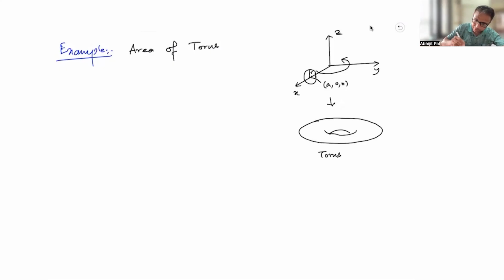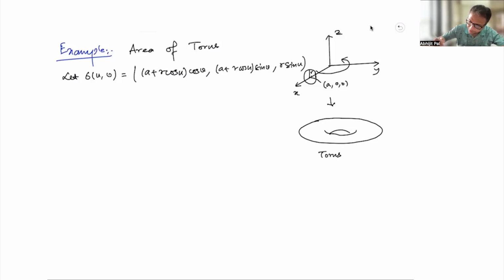So now let us take a parameterization of this torus. Let sigma of u, b be equal to ((a plus r cos u) cos b, (a plus r cos u) sin b, r sin u).